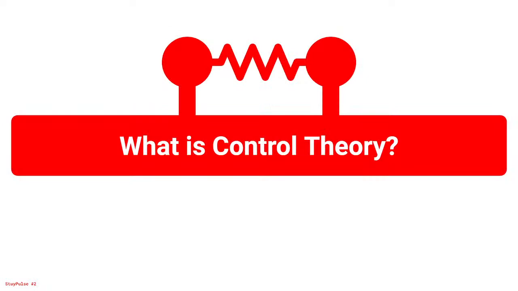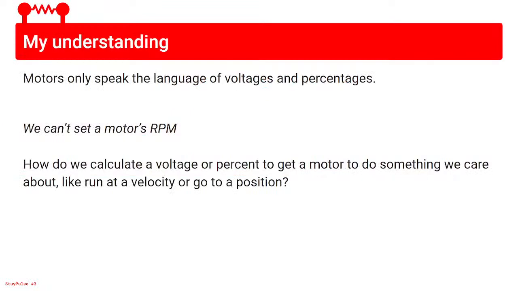So let's get started. What is control theory? There are lots of definitions in textbooks, and the next slide is kind of a textbook definition. But just to start off, my understanding of control theory goes like this. Motors only speak the languages of voltages and percentages, right? You can't just tell a motor to go to a position, and you can't really tell it to spin at a meters per second or at an RPM.